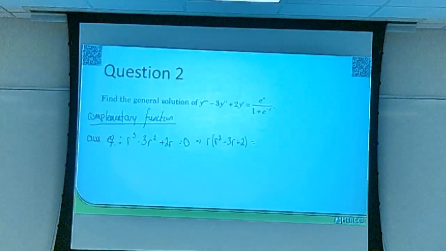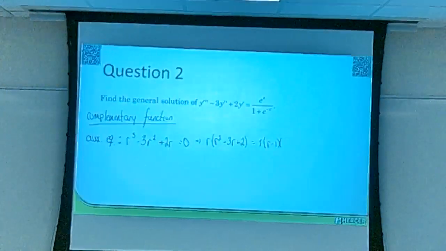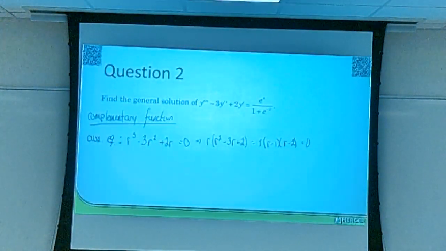R squared minus 3R plus 2, can that be factored? What is it factored to? Negative 3 or sorry, positive 3 or negative 1. Negative 1, negative 2. And there are your three solutions. Three roots, right?